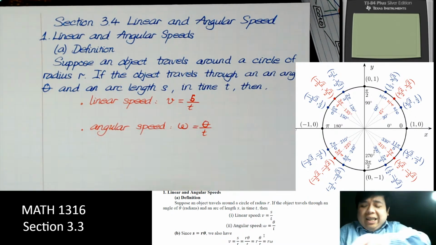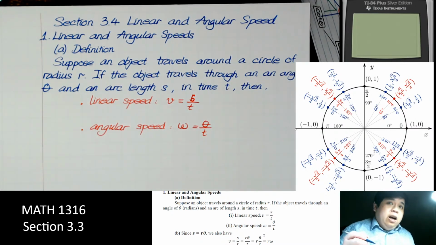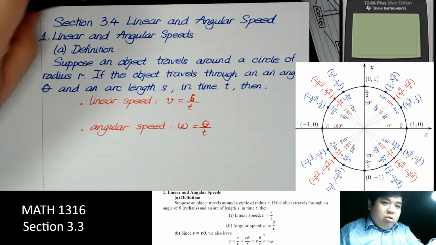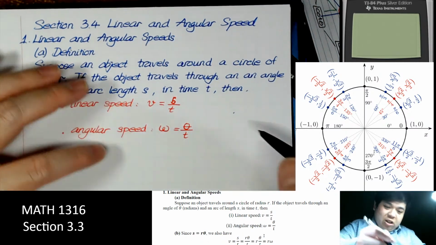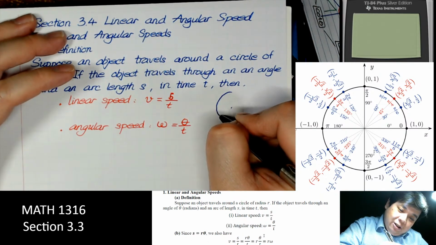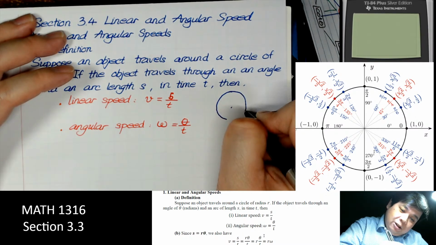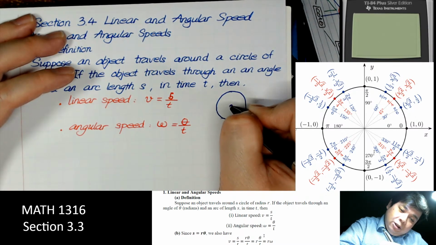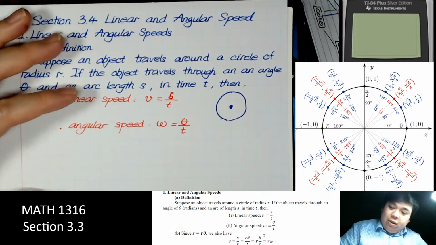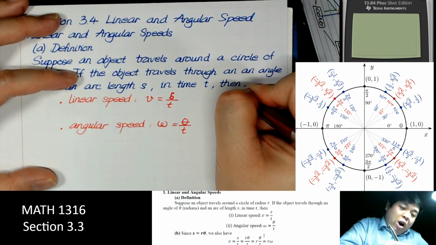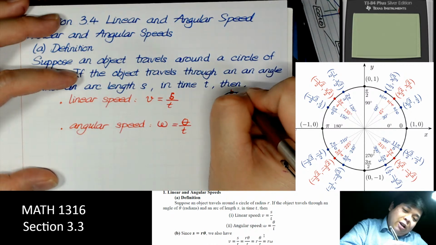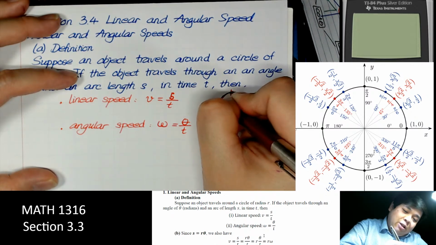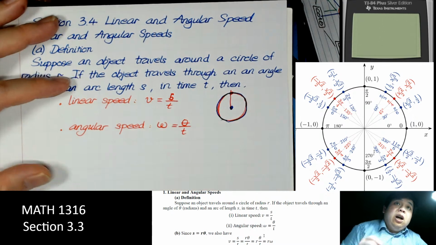Right. Now think about this. Let's talk about the Ferris wheel, for example. So we have a circle. Now, if we track one point, that point will travel around and around.